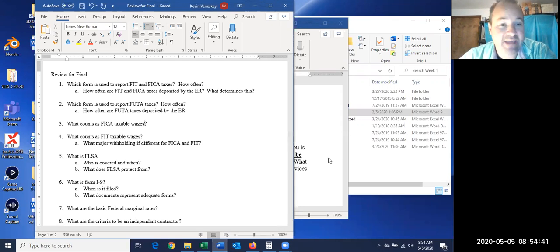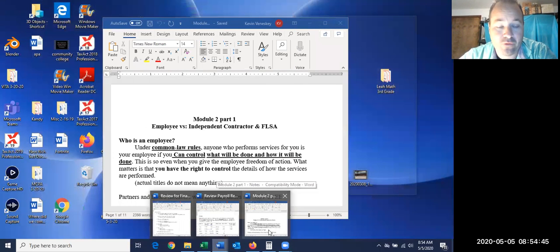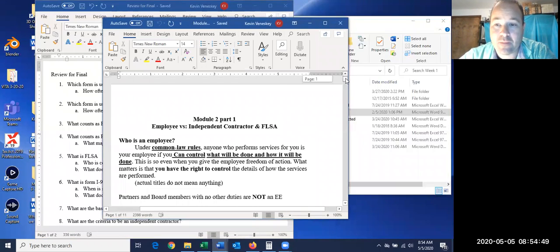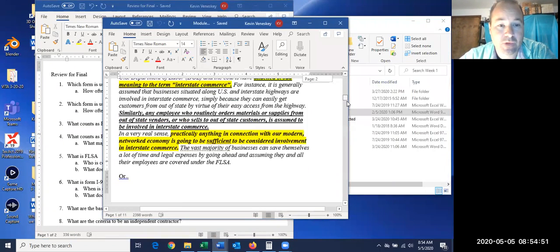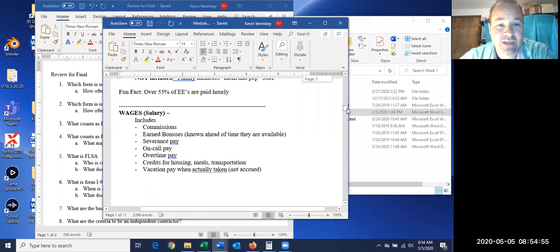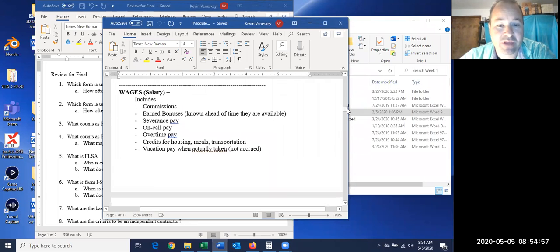All right, what counts as taxable wages for FICA purposes? I pulled this up. This was from our module 2. And let's come down here to the FICA taxes, our wages. This is what's typically common. The items that are taxed. So even items like bonuses or commissions are definitely taxed.